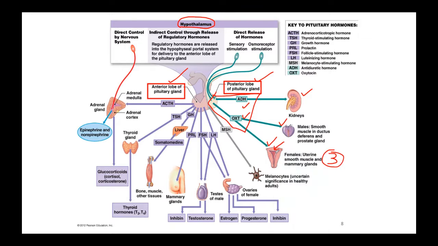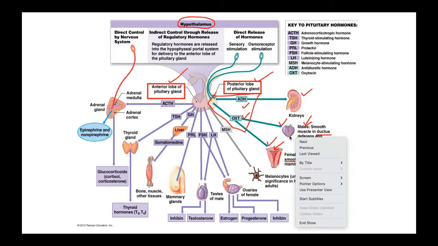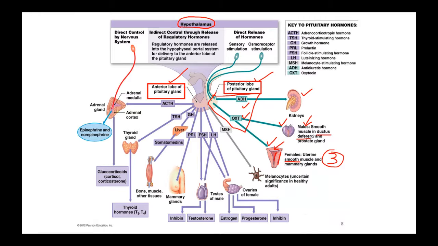The endometrium is on the inside, the perimetrium out here, and in the middle, the thickest layer is the myometrium, and that's smooth muscle. So oxytocin is going to make the smooth muscle of the uterus contract. In the male reproductive tract, it's going to make the smooth muscle in the vas deferens or the ductus deferens contract for ejaculation, as well as the prostate gland. Okay, so that's the posterior lobe.